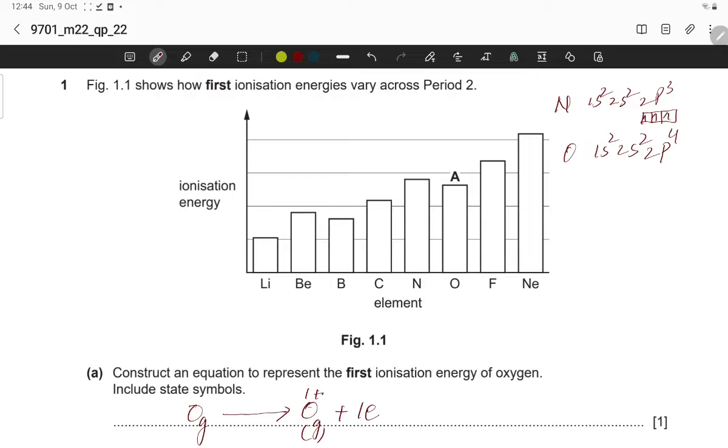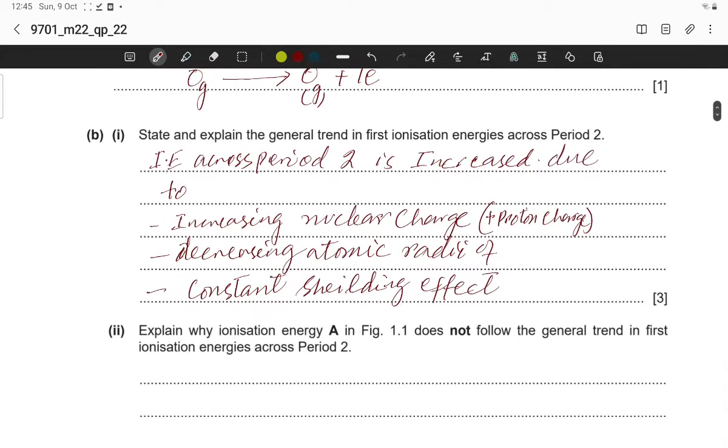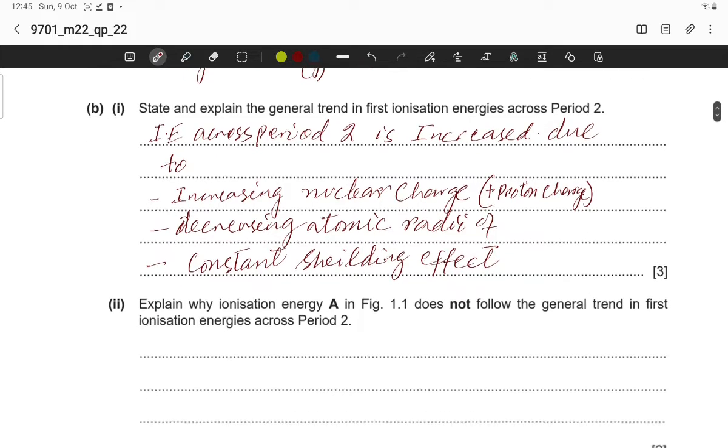One electron in each orbital, but in case of oxygen there is spin pair repulsion, so less energy is required to remove the electron from oxygen due to the pair repulsion of electrons in 2p orbitals.